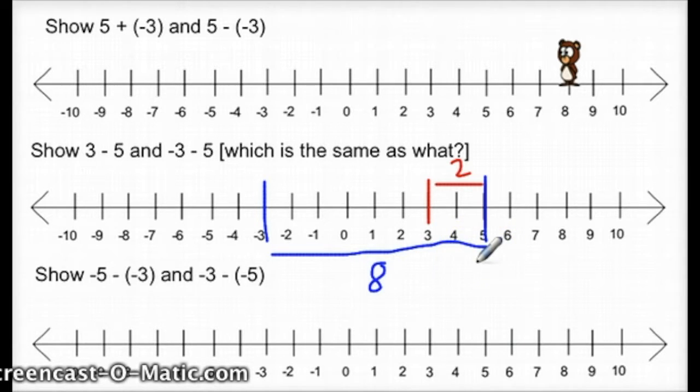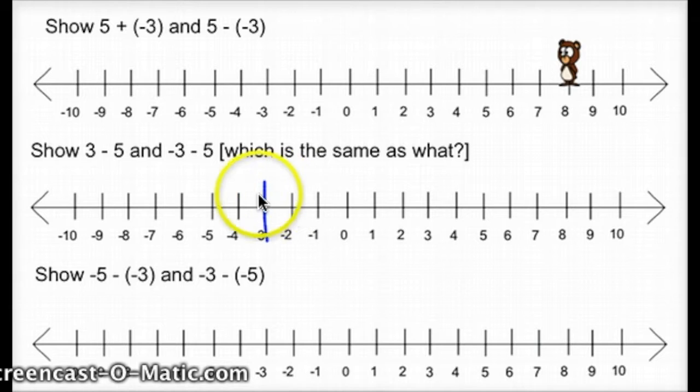Now this notion of distance or difference gives us the absolute value. We don't necessarily know if it's negative 2, positive 2, or negative 8, positive 8. That's where that notion of facing either towards the positives or towards the negatives on the number line and then moving forwards or backwards will give us that distinct answer.